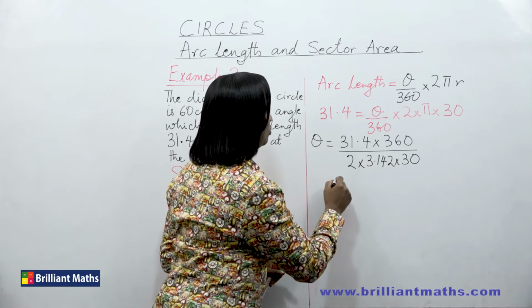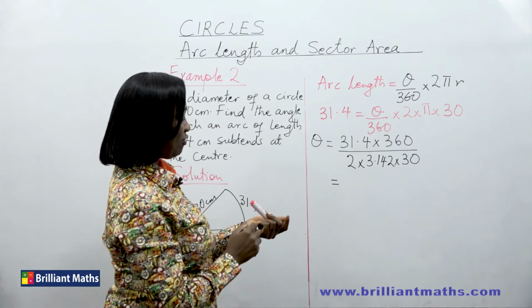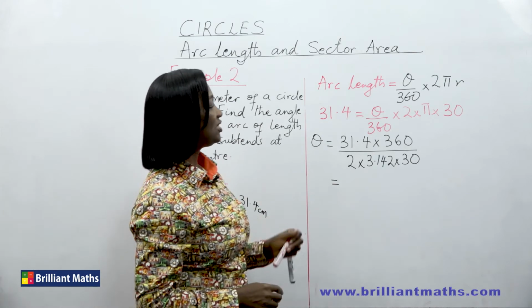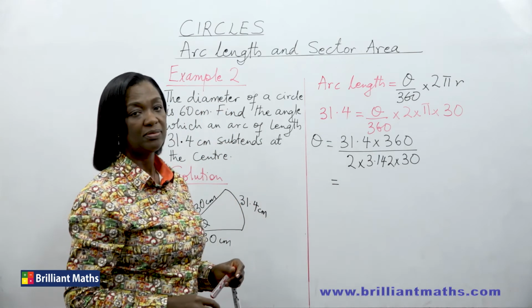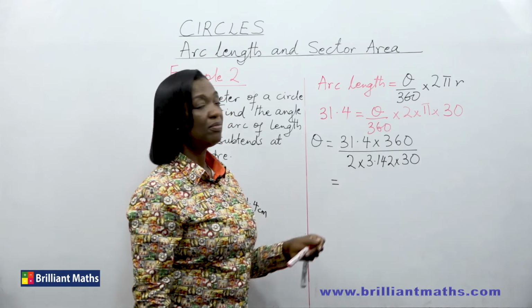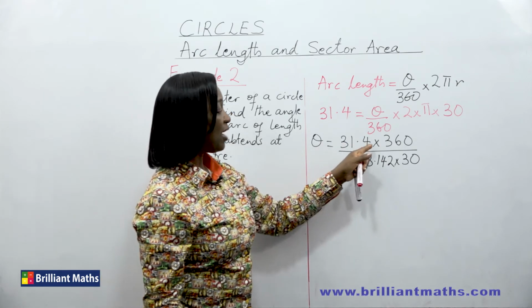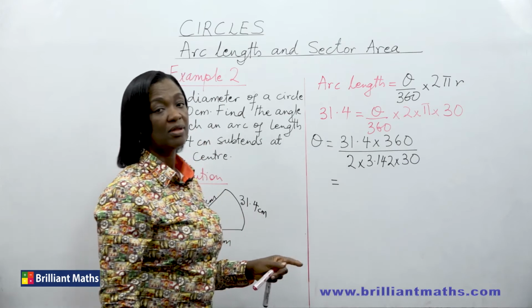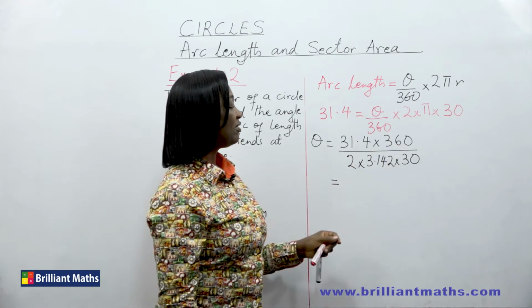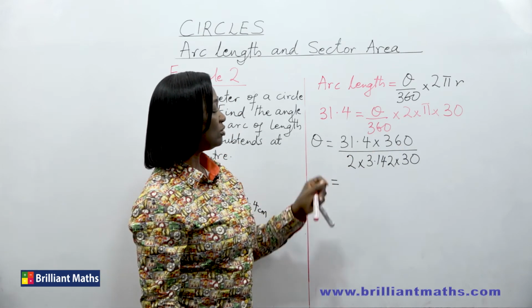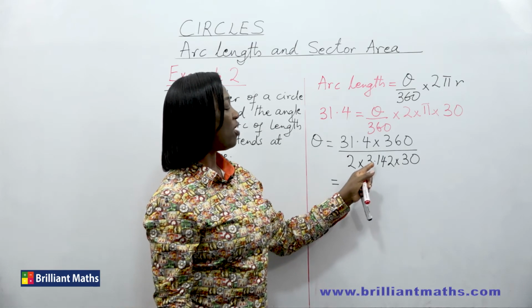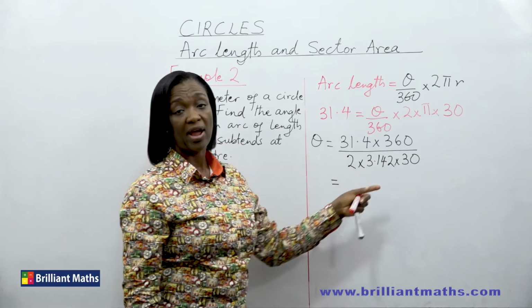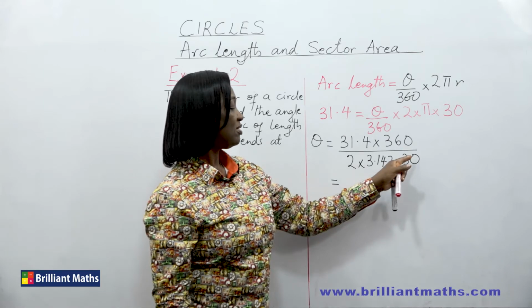So what will be the value of theta? Put that into your calculator. 31.4 times 360 divided by 2 times 3.142, or pi, times 30.